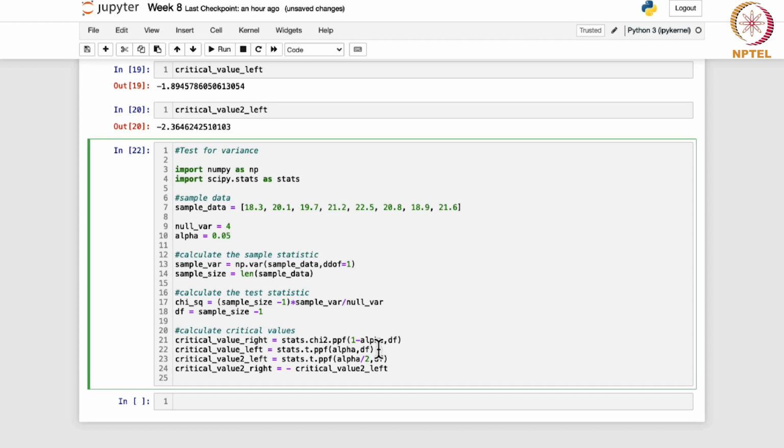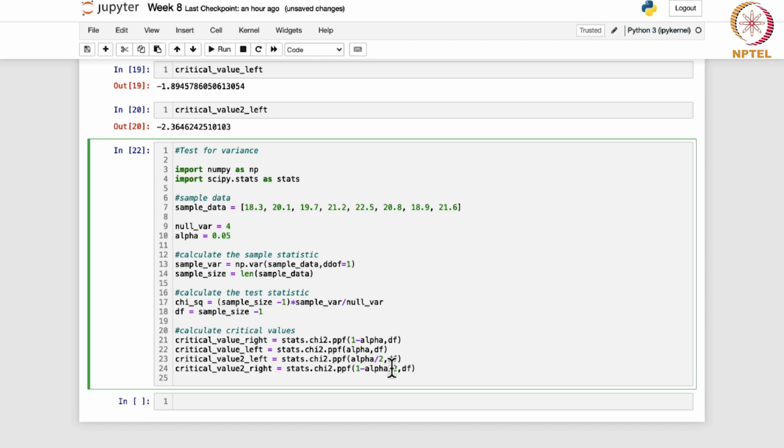So it would be again 1 minus alpha, and here again we would, on the left tail, it would be chi-square ppf. This one will also be chi-square alpha by 2, and this one would be 1 minus alpha, because it is not symmetric. So in this case we will not just consider minus of that, it would be 1 minus alpha by 2.